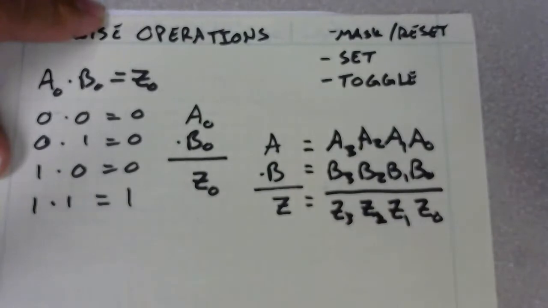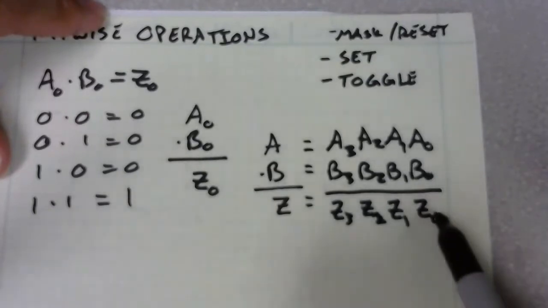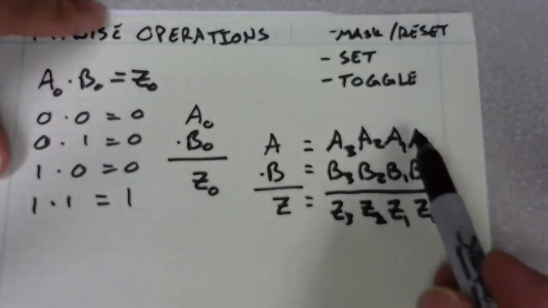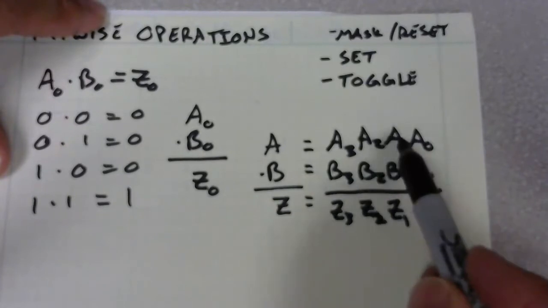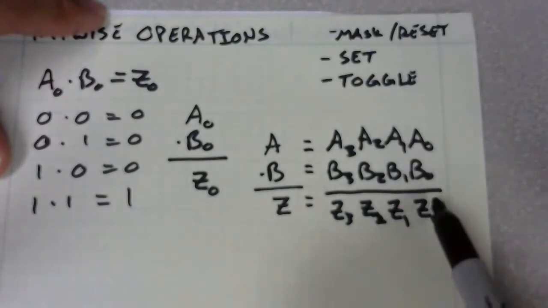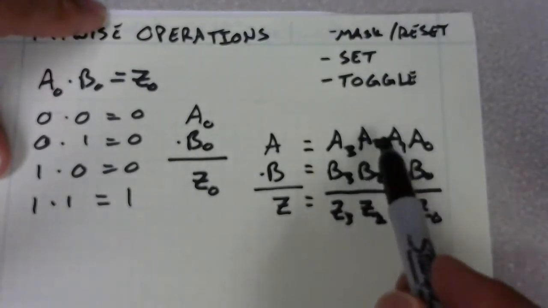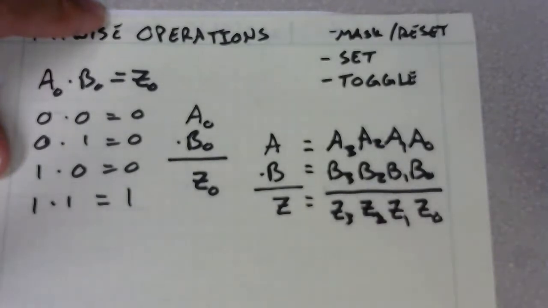If this is what we're doing with our bitwise operations, that means that A0 and B0 equals Z0. That's an equation by itself. And A1 and B1 equals Z1, an equation by itself. When we did the adding, there was some carry and stuff like that, but here, nothing. It's just straight logic. A2 and B2 equals Z2, and so on and so forth.